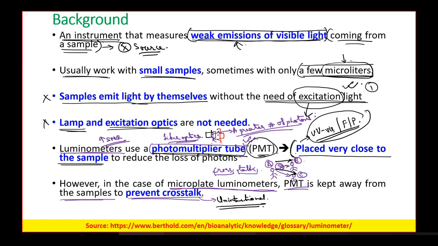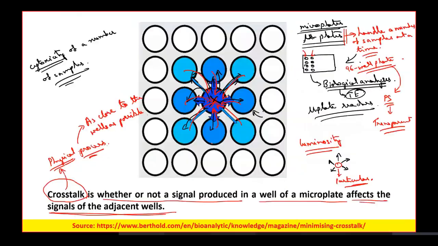But having this kind of setup, you cannot stop this crosstalk completely. To avoid this in many microplate readers where you want to do luminescence analysis, these wells, if you look, appear like this, right?